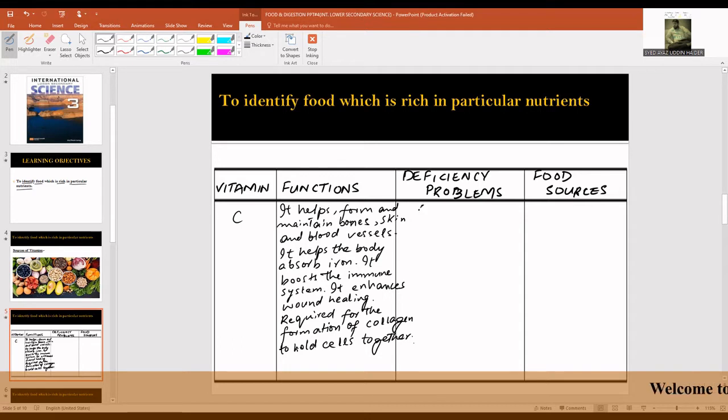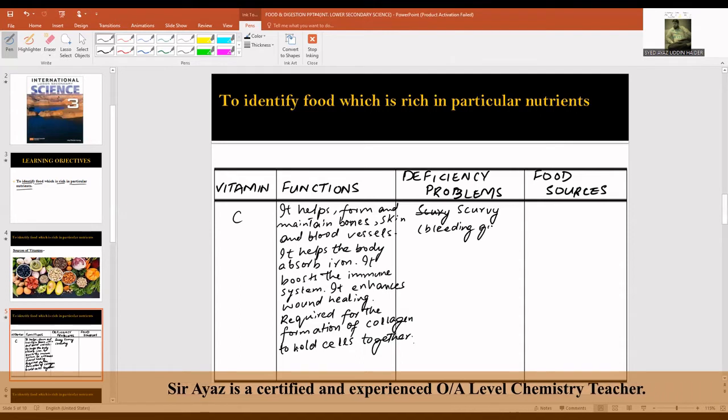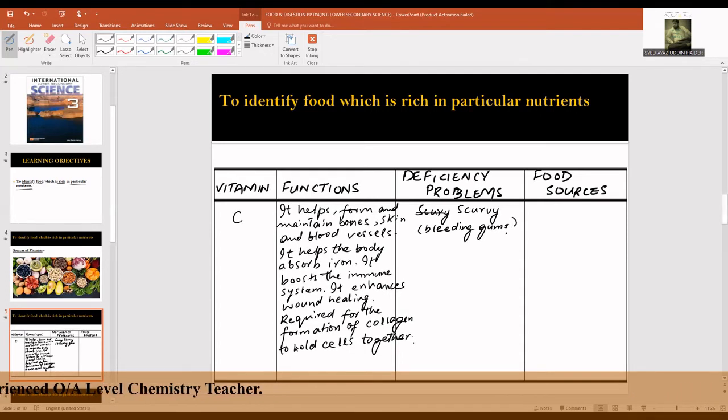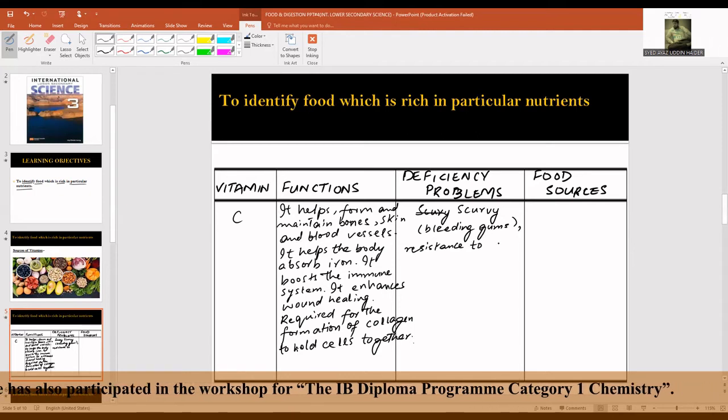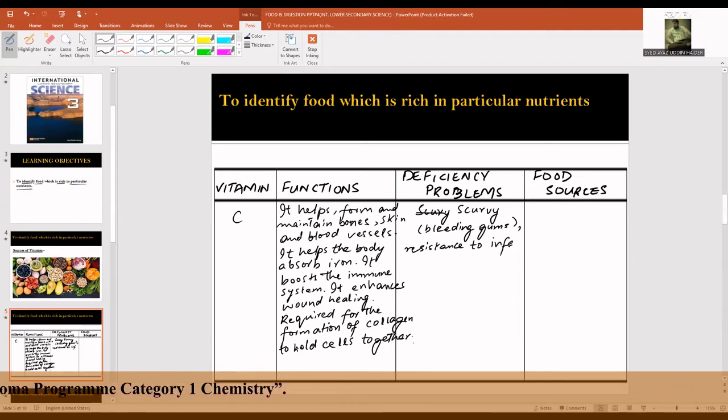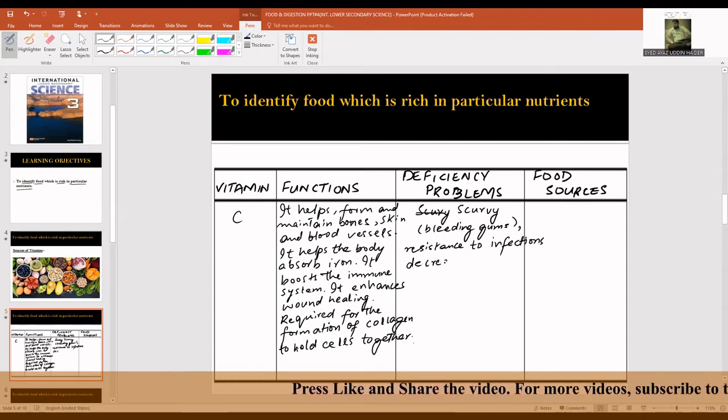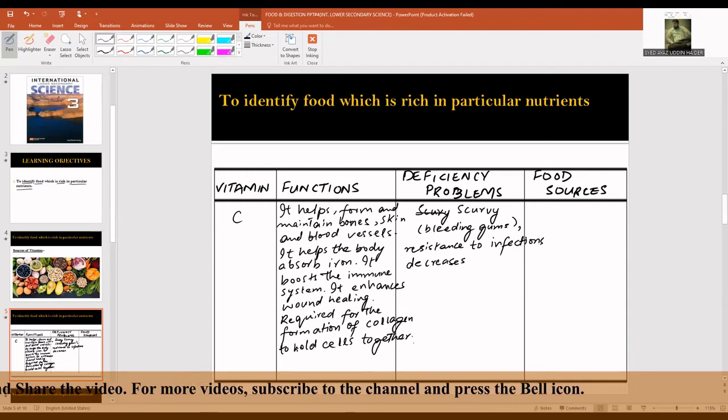Deficiency problems include scurvy, or bleeding gums. Resistance to infections decreases. And injured easily.